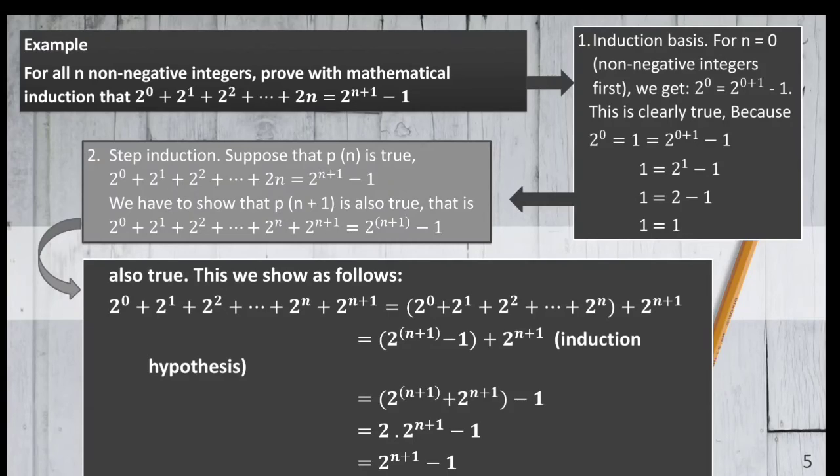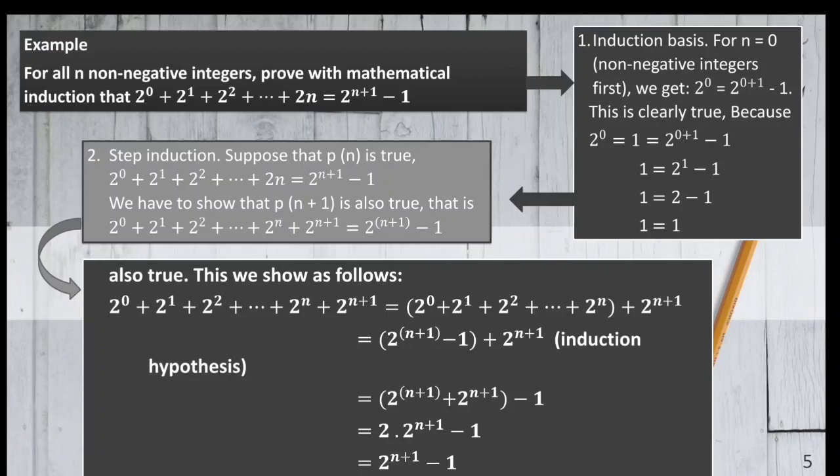And then, by the induction hypothesis, this is 2 to the n plus 1 minus 1 in brackets, plus 2 to the n plus 1. And there are 2 to the n plus 1 plus 2 to the n plus 1, in brackets, minus 1, because the 2 to the n plus 1 and 2 to the n plus 1 are the same.